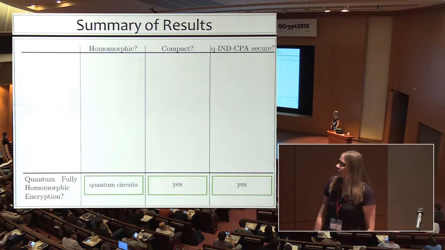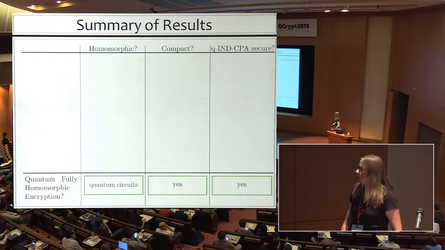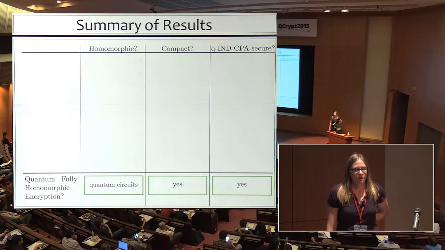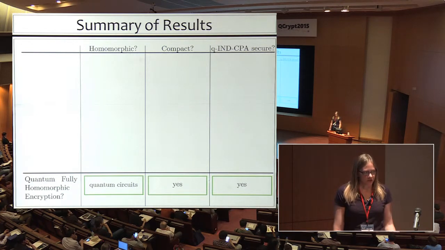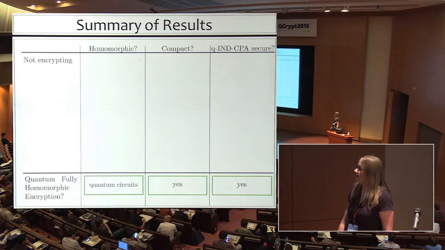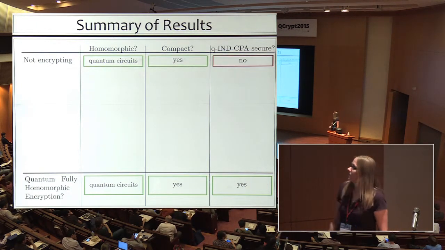Okay. So we do not achieve quantum fully homomorphic encryption, which would be homomorphic for all quantum circuits, compact, and QCPA secure. But before I say what we do achieve, let's look at what we could do trivially. By not encrypting, we get a scheme which is homomorphic and compact, but has absolutely no security whatsoever.